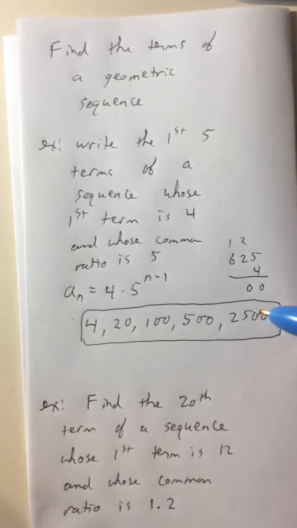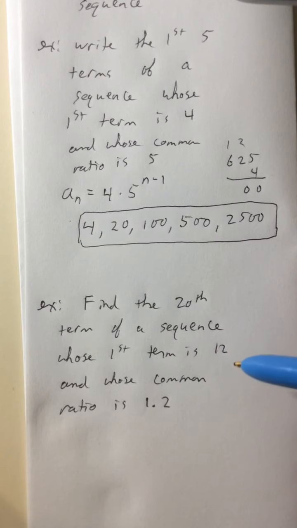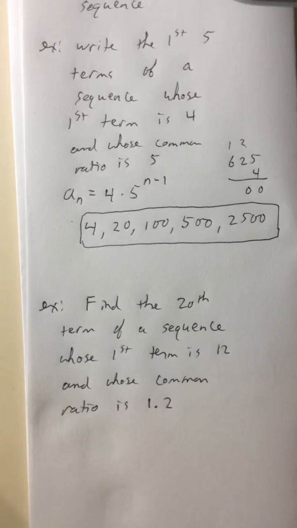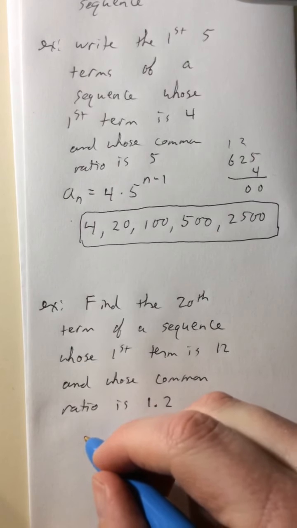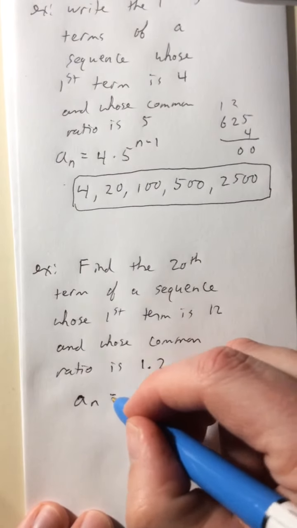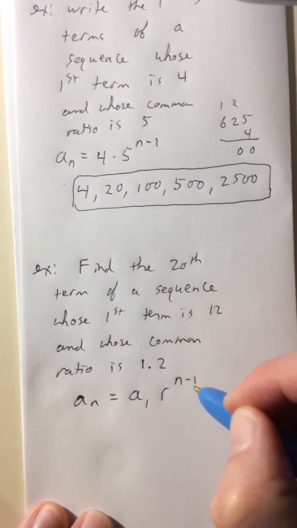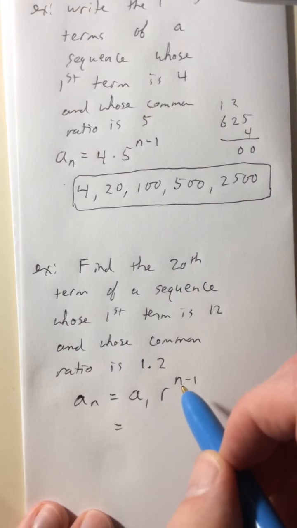Simple stuff. Okay, find the 20th term of a sequence whose first term is 12 and whose common ratio is 1.2. Sure hope I can find my calculator. So we know the nth term a sub n is a sub 1, the first term, times r to the n minus 1. For the 20th term, I put 20 in here.